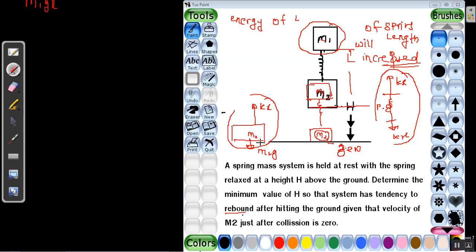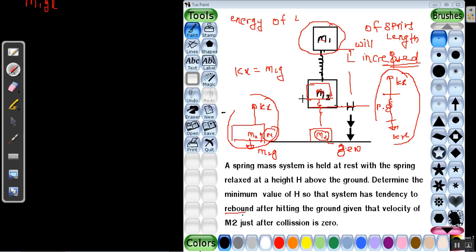N is equal to 0, and the forces should be balanced, so kx should be equal to m2g. In this situation there should be extension in the spring.